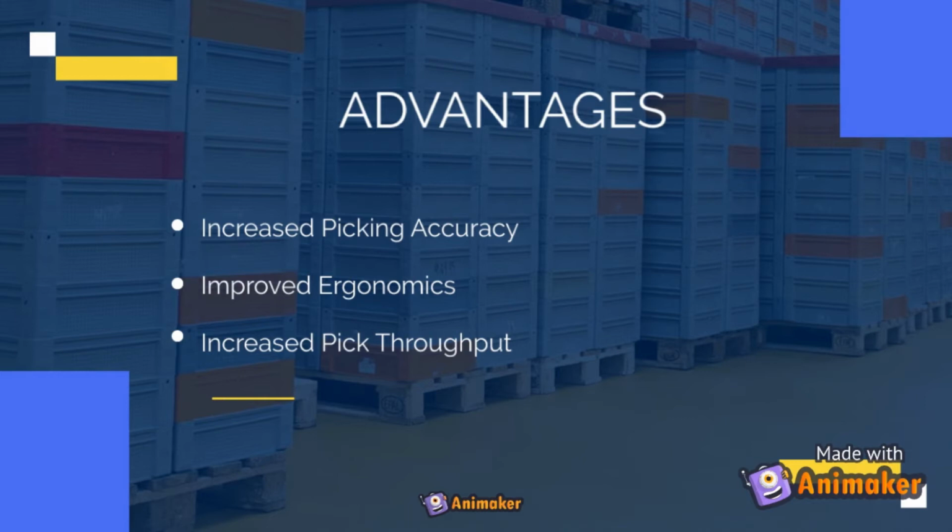Next, improved ergonomics. Every item stored can be delivered to the operator at an optimal ergonomic height. Shelves, trays or bins of items are presented in easy reach, eliminating bending down to retrieve an item stored low, or stretching up to grab an item stored high.